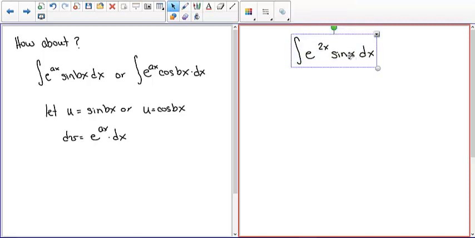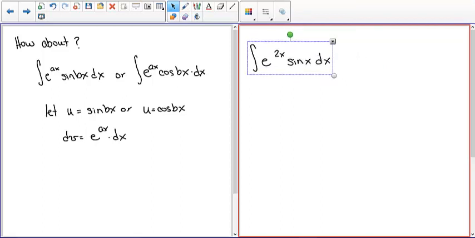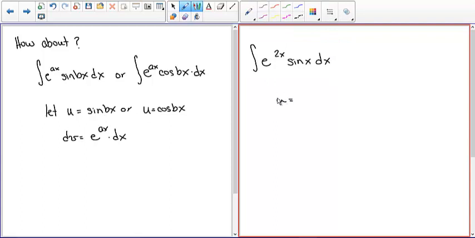So we have e to the 2x times the sine of x. As I just told you, we're going to let u equal the sine of x, the sine part, and we're going to let dv equal e to the 2x. So the derivative of the sine is the cosine dx.